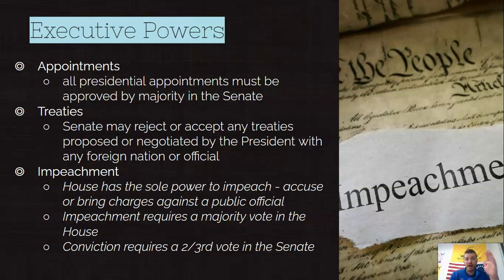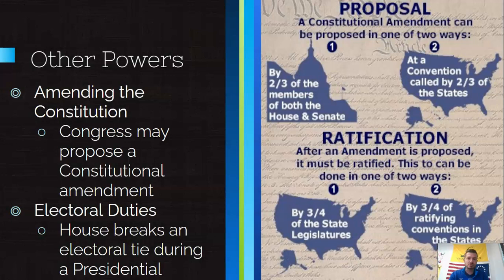That's called impeachment. And then after you're impeached, you have to have the trial in the Senate. Okay, so the Senate is the one that holds the trial. And they will need to vote by 2/3 vote in order to remove that individual. I think that's it.